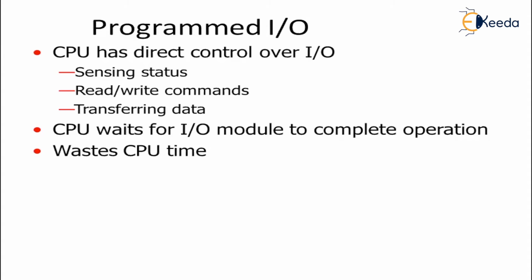Now, what do you mean by different sort of operations? The CPU also checks if the devices are free and multitasking is possible, so that the I/O module can complete the different sort of operations.